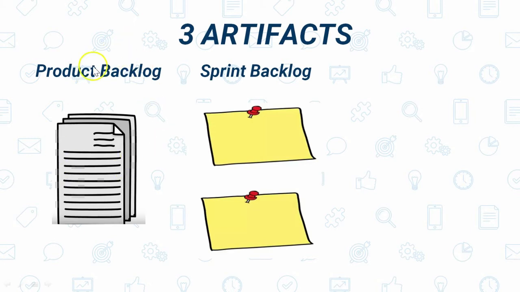The product backlog is all the activity which needs to be done to build the complete software. The sprint backlog is a small set of the product backlog which will be completed in that sprint. N number of sprint backlogs is equal to one product backlog. So in each sprint backlog, we will be taking some part of the product backlog and working on it in that sprint.